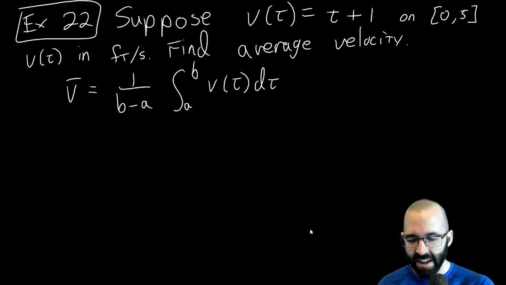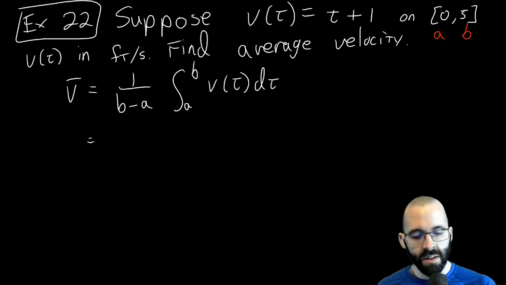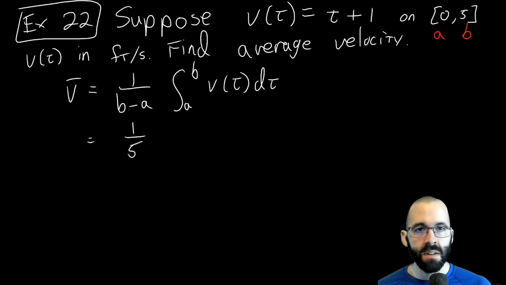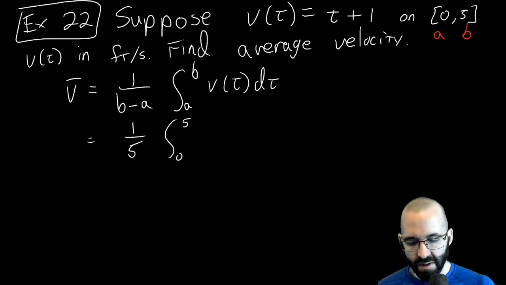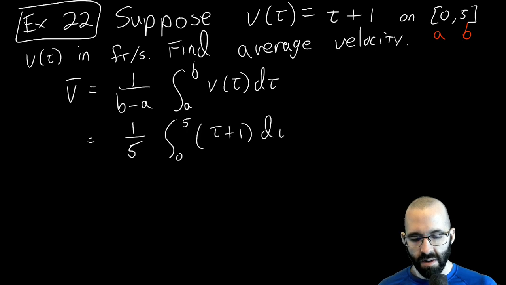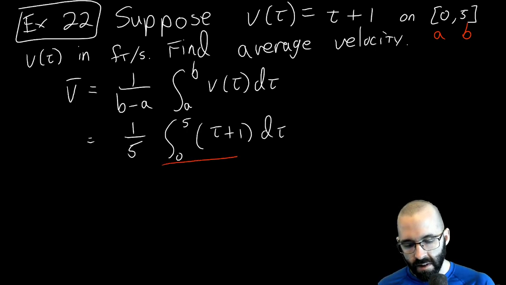Okay? And now it's just fill in the blank. Well, a is 0, b is 5. What's the width of our interval? 5. Again, a is 0, b is 5, and our velocity function is t plus 1 with respect to t. This is just area.